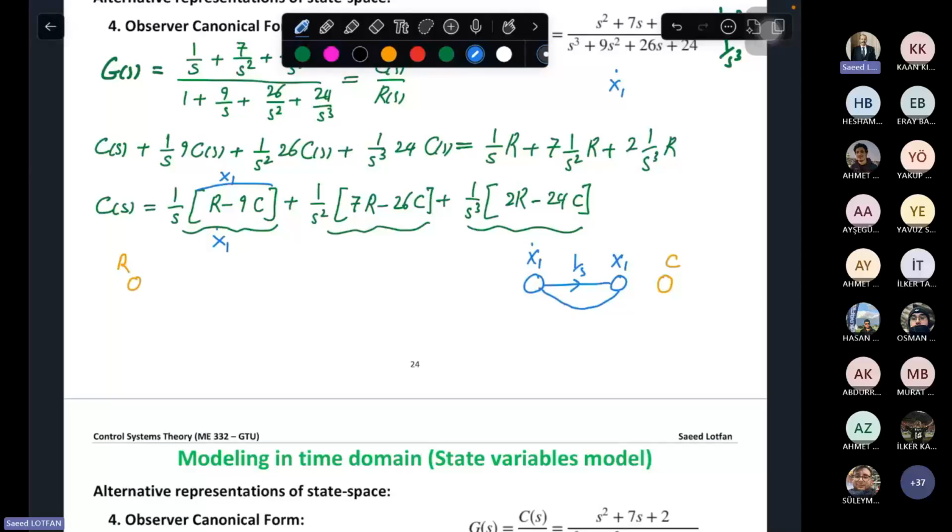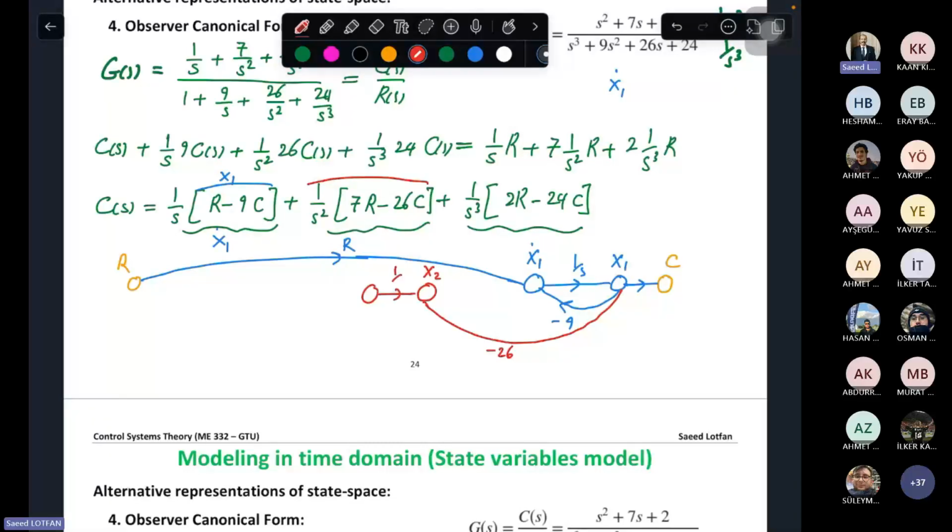I have minus 9 from the C because it's connected, and x dot 1 plus R. The second part, if I use red color, I will have minus 26 from C, x dot 2, and this is x2, which is 1 over s.